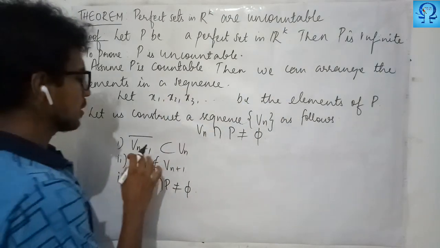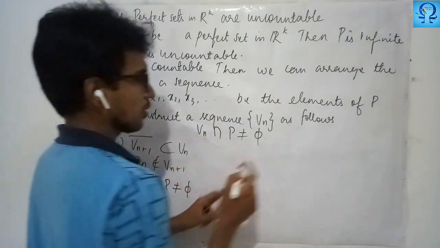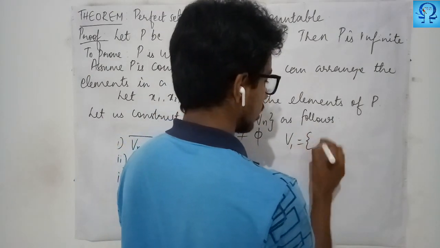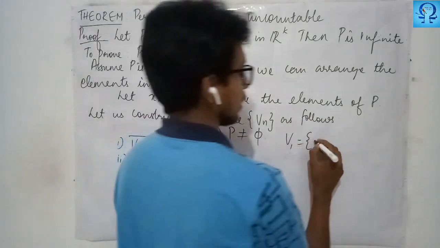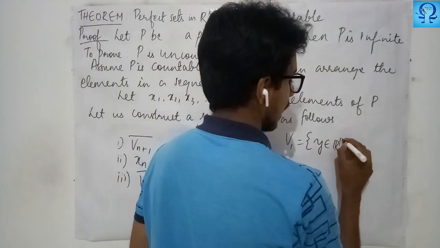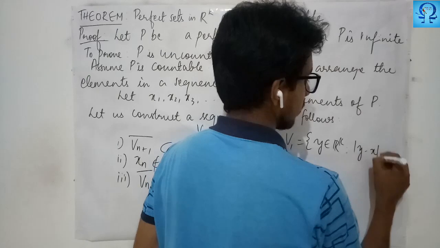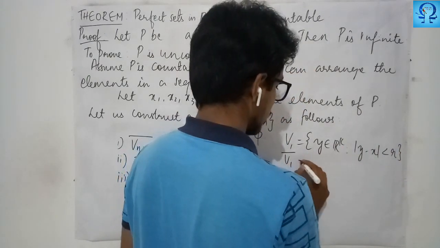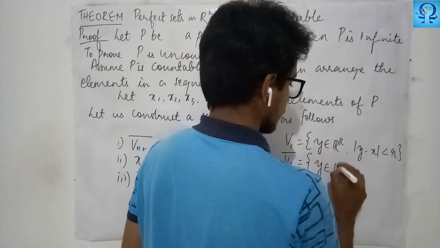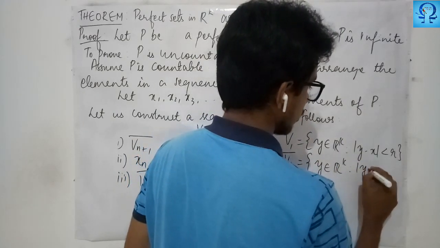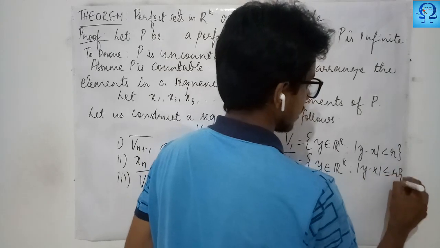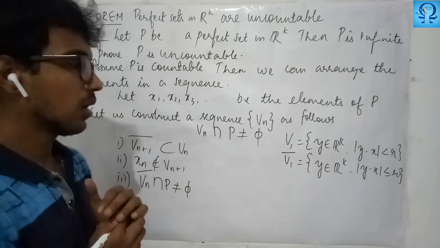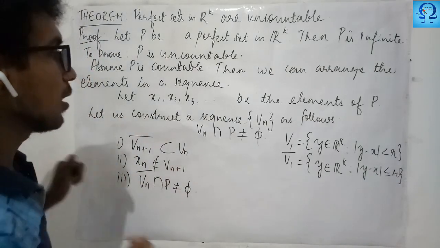Here, what do we mean by Vn closure? For example, if V1 is the neighborhood of x1, it collects the points y in Rk such that the absolute value of y minus x is less than R for some positive radius R. This V1 closure will denote the points in Rk such that the absolute value of y minus x is less than or equal to R. In this way, we are constructing the sets.